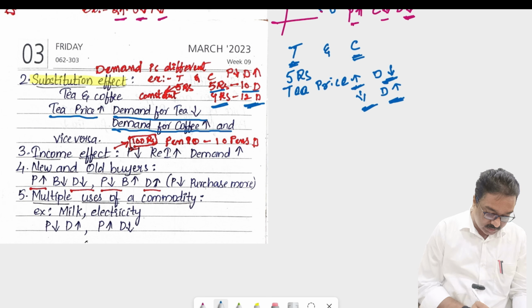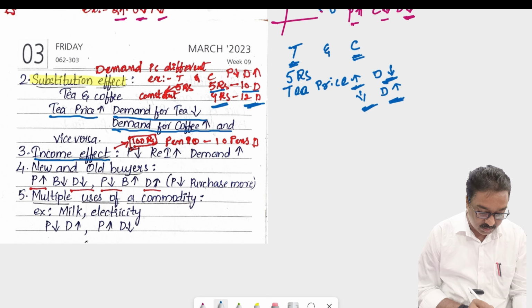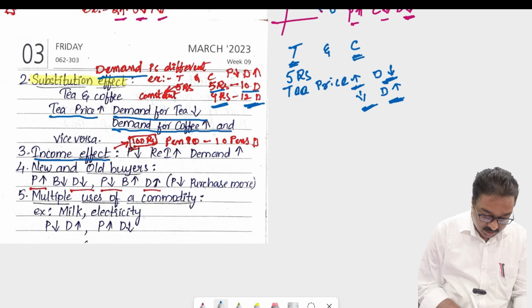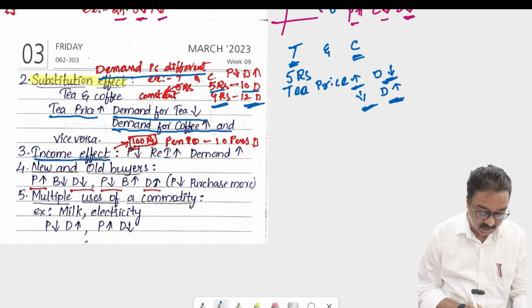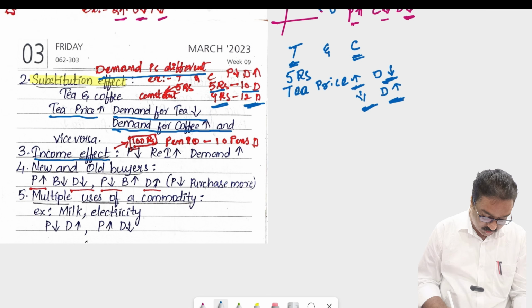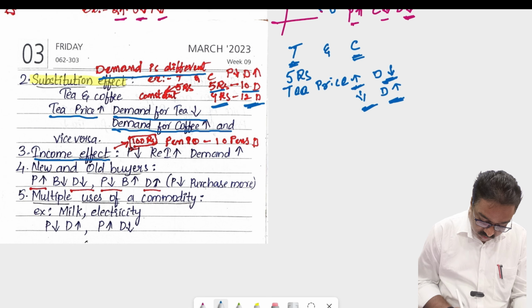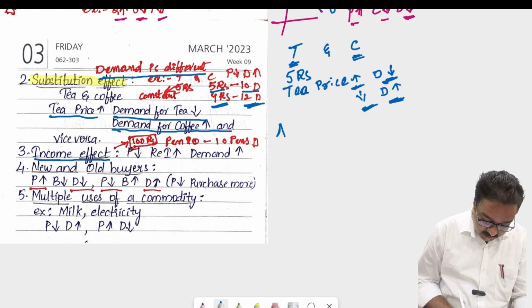And another main reason is the income effect. I already told you that demand is different, substitution demand is different, and substitution effect is different. Okay, what is the income effect? For example, A is a person, his total income is 100 rupees.